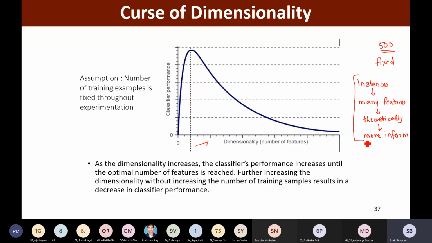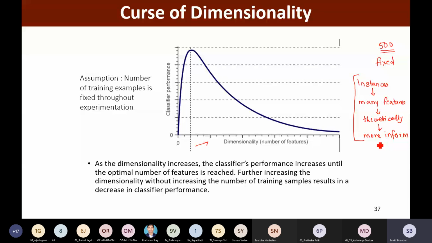So this is theoretical understanding. If we are describing the instances with many number of features, then theoretically we may say that we are storing more information. But practically speaking, this information rarely helps us to improve the performance of our classifier or performance of our model.